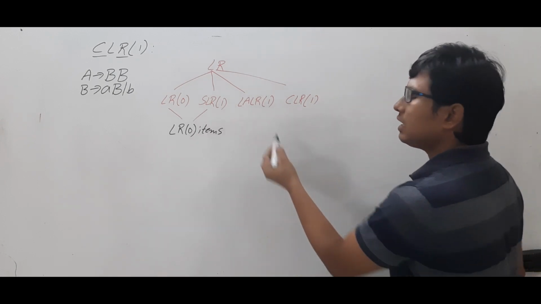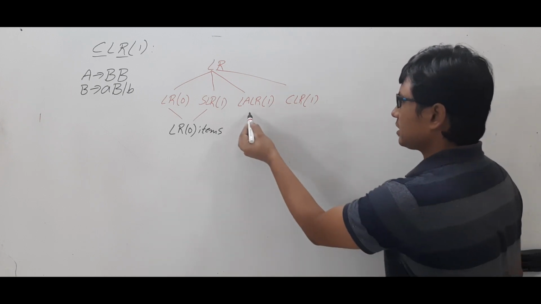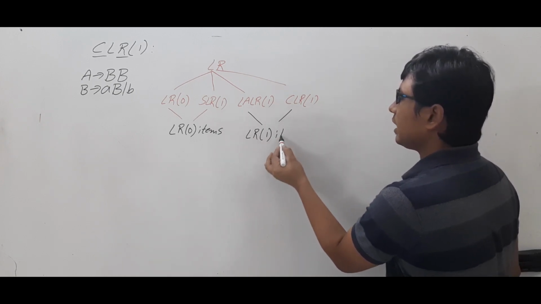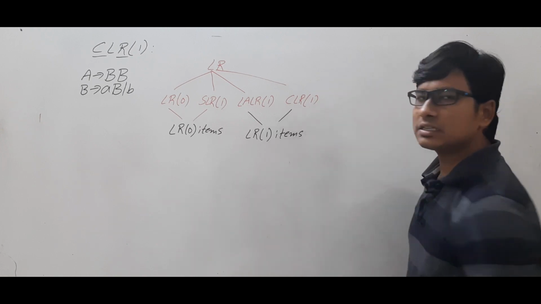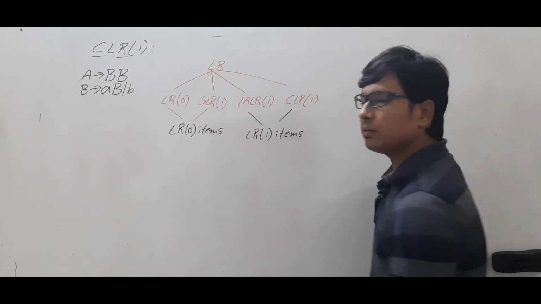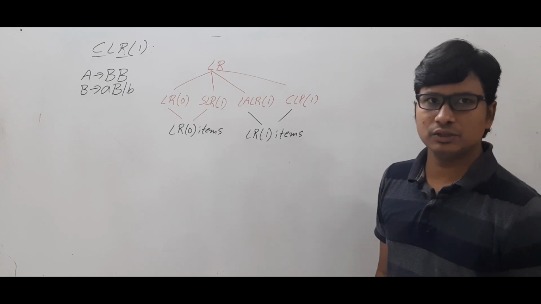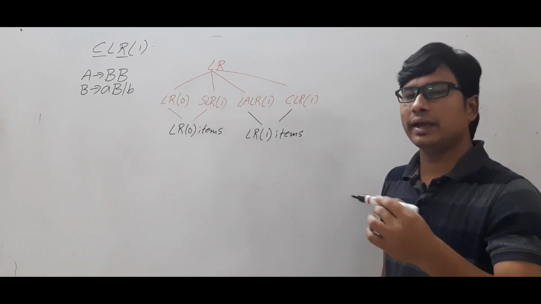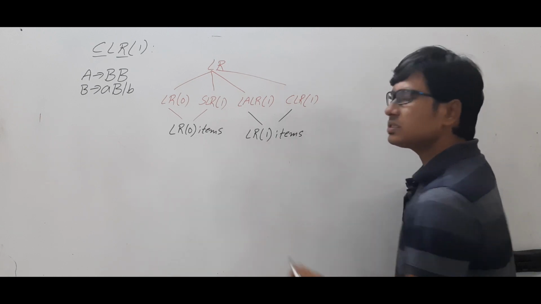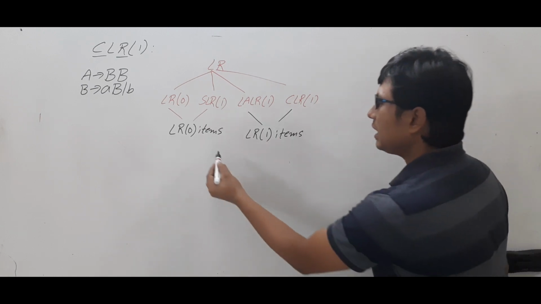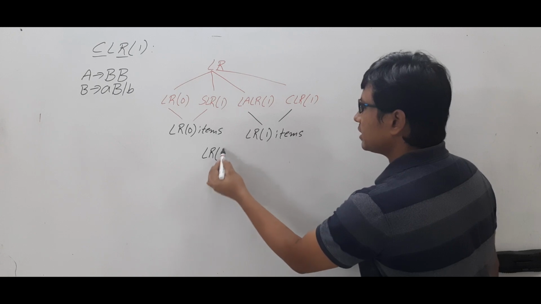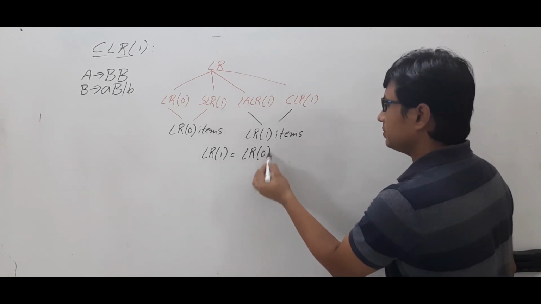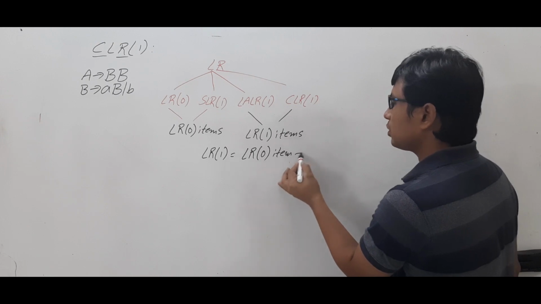Similarly, for LALR1 and CLR1 parsing table construction, we need to compute the LR1 items. Now you can ask me, sir, we already know how to compute the LR0 items and construct the parsing table for LR0 and SLR1 parser. What are these LR1 items? LR1 item is equal to LR0 item plus lookahead.